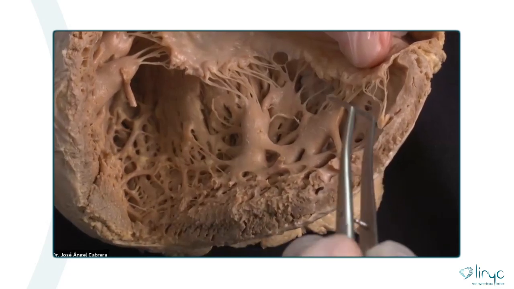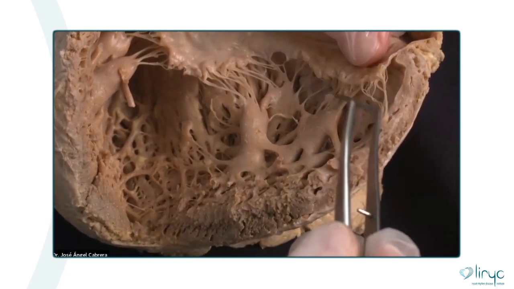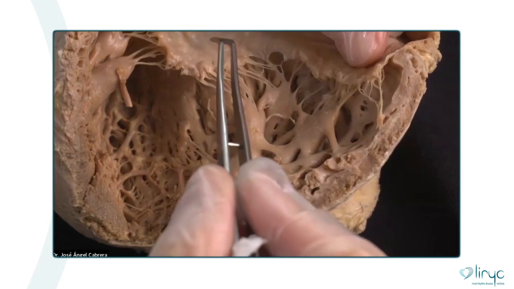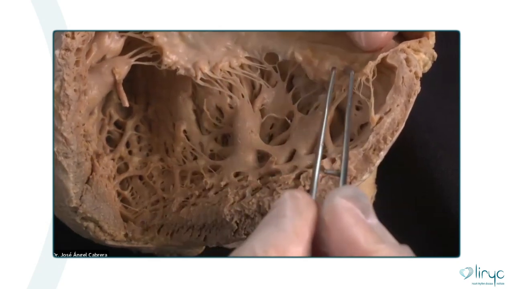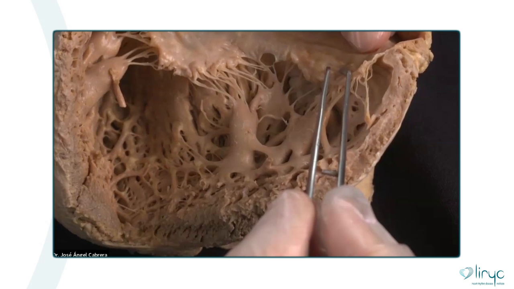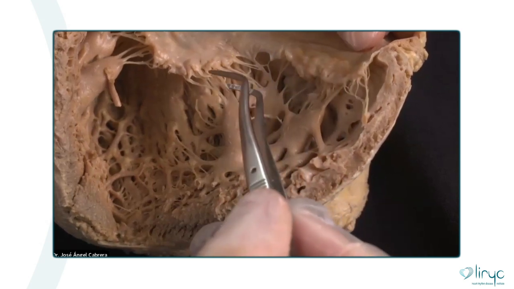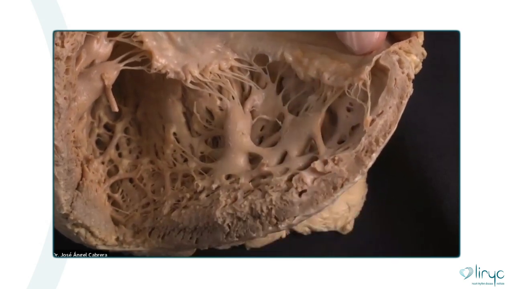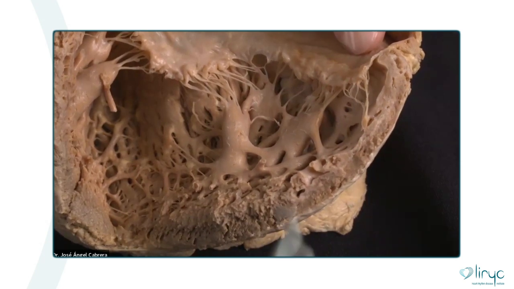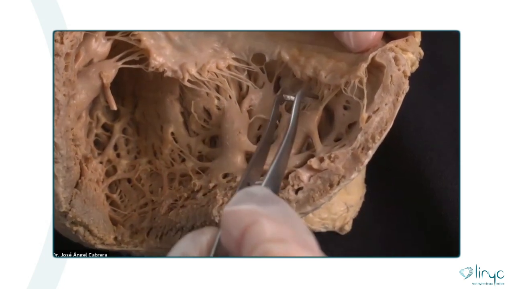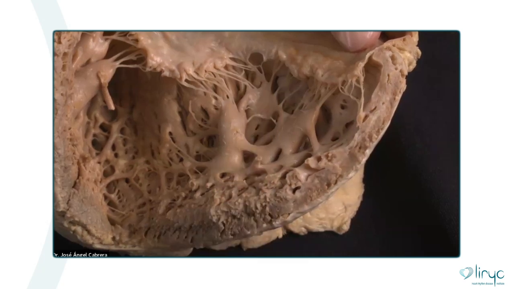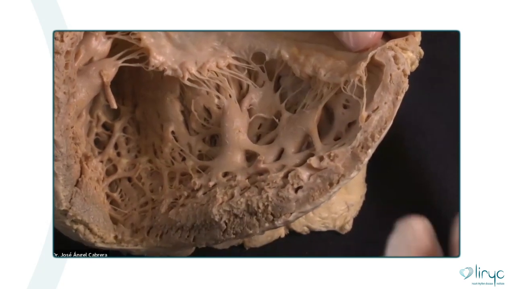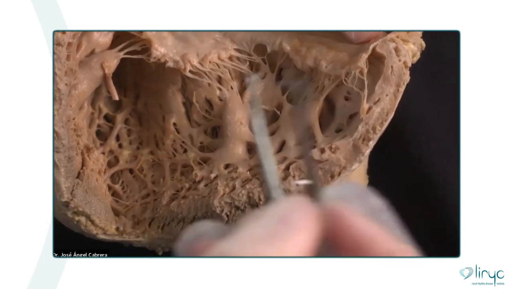And note tendinous cord from the anterior and from the posterior leaflet or mural leaflet of the mitral valve. You see the tendinous cord, and this is also very relevant for those who are planning to do percutaneous treatment of the mitral valve.